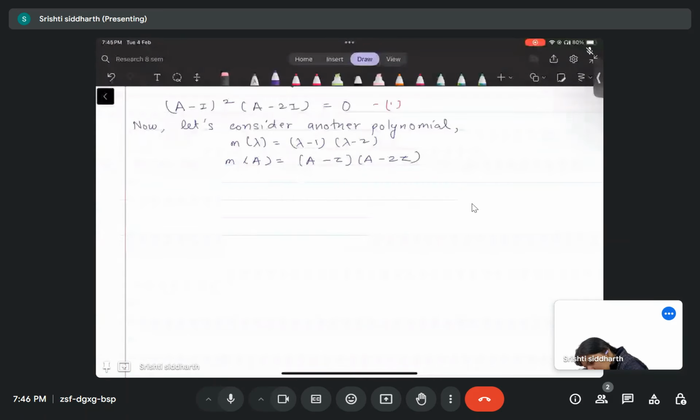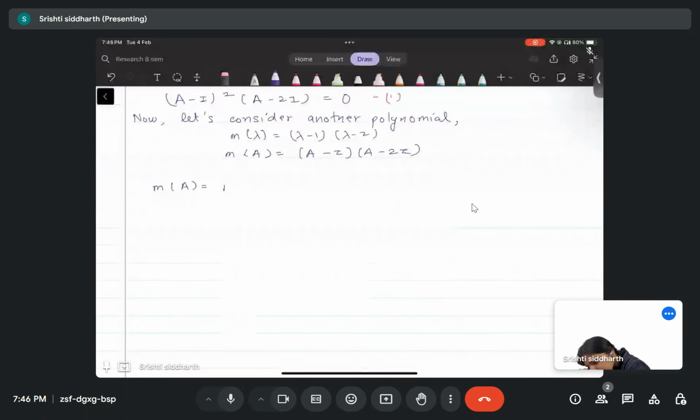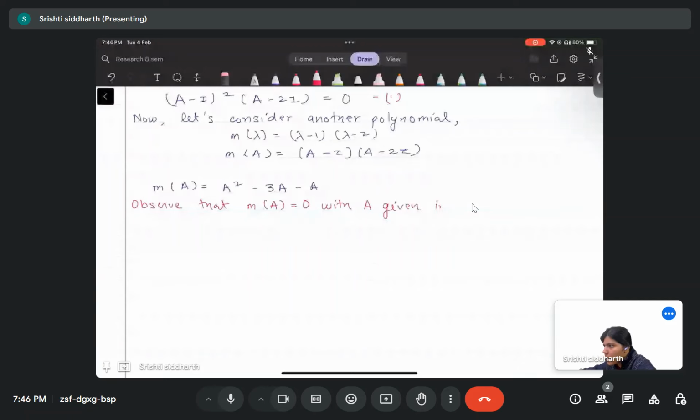M of A is A square minus 3A plus 2I. So you can substitute A here and verify.